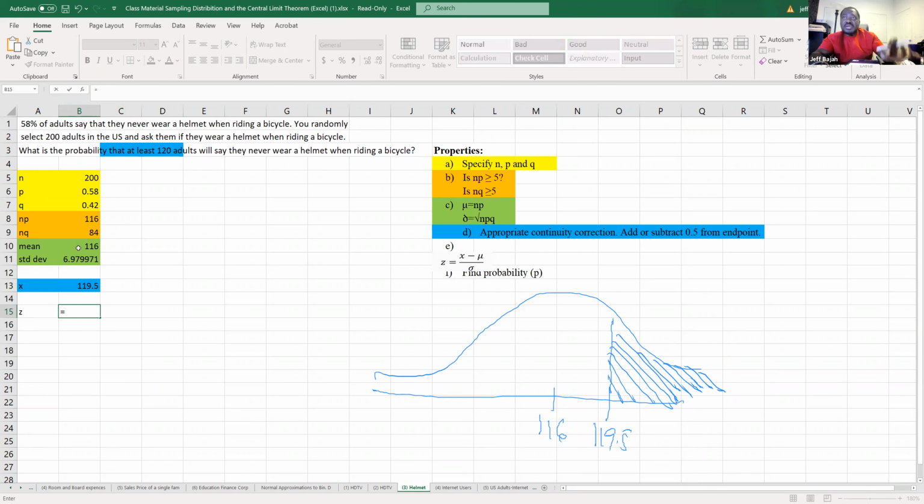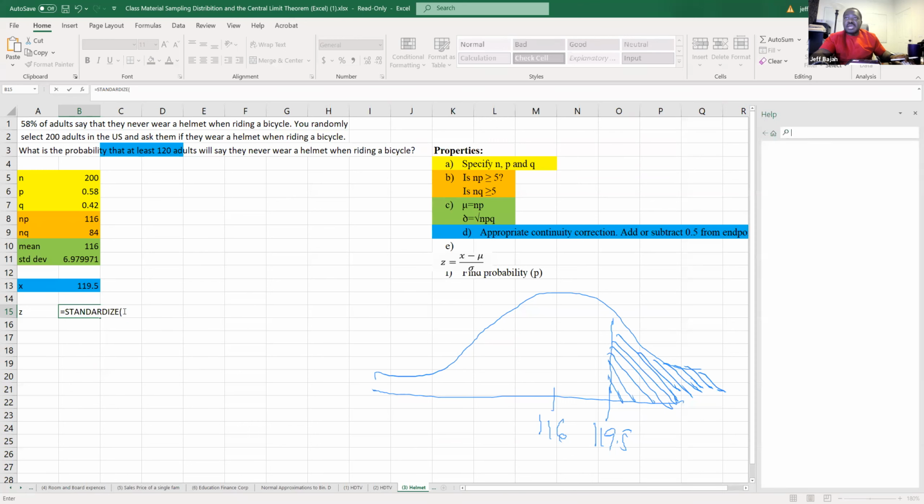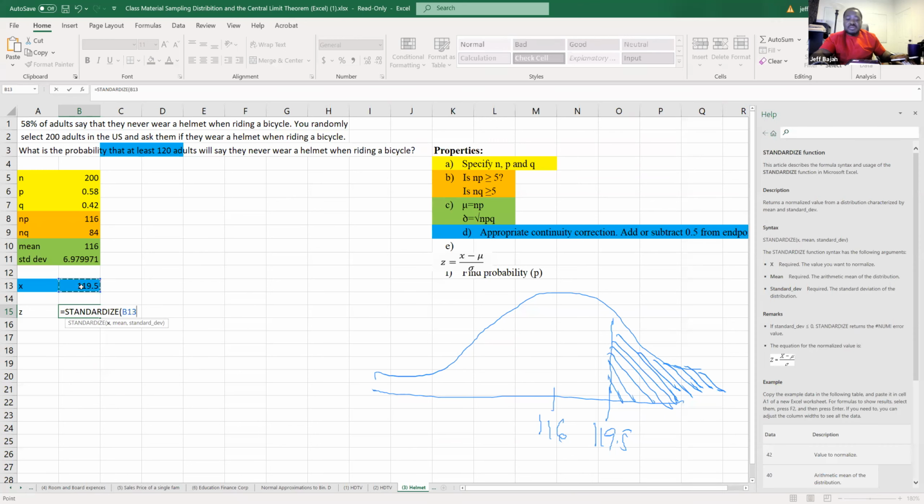That would save us time, right? So we'll do standardize. And we're going to find our x value, our mean and our standard deviation here. And so we get 0.5014. So we got this, right? I don't think I'm going to call off for that.